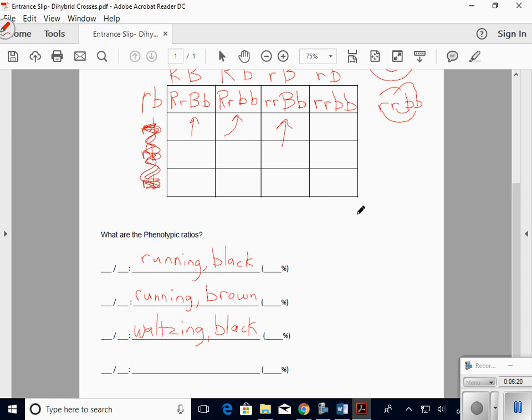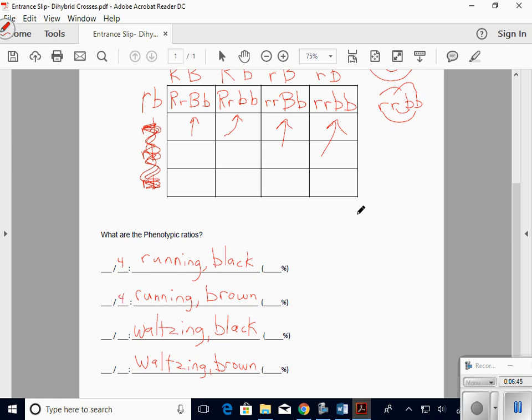And finally, my fourth one, right there, is a waltzing brown mouse.